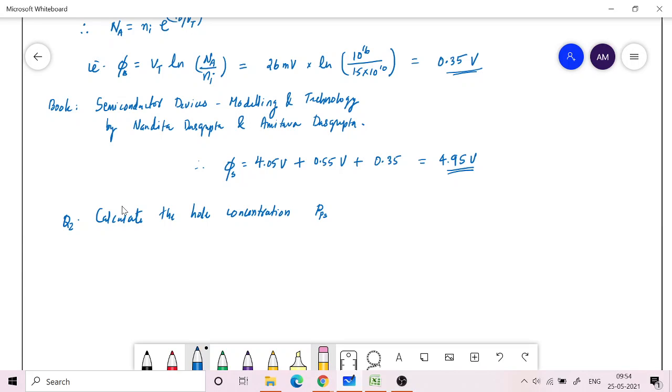So calculate the hole concentration PPS, which can in principle differ from PP, the concentration in the bulk. The bulk concentration we already stated is equal to Na, the acceptor impurity concentration, but PPS could be different because of band bending. That's what we are going to look at.